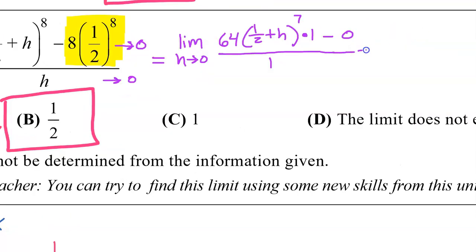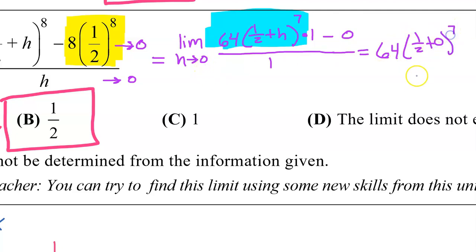But this is a limit that we can evaluate by direct substitution. All we really have left is this part right here, because we have a 1 that we don't need and a 0 that we don't need to write. So we really just have 64 times 1/2 plus 0, direct substitution, to the 7th power.